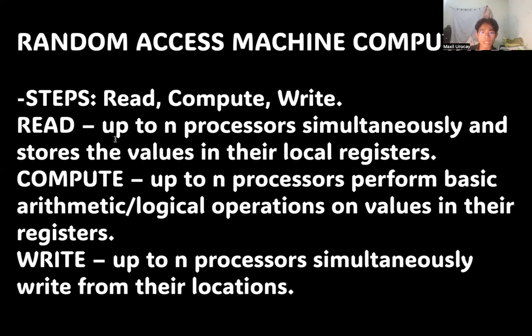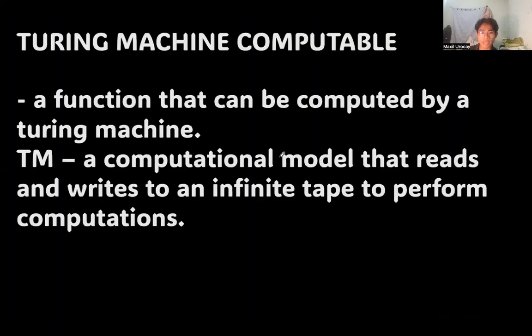The Turing machine. As we learned last time, a function can be computed by a Turing machine, a computational model that reads and writes to an infinite tape to perform computation. It is sequential, so we cannot access it in a constant manner, which is different from the RAM model, where we can specify the address and access it in constant time.